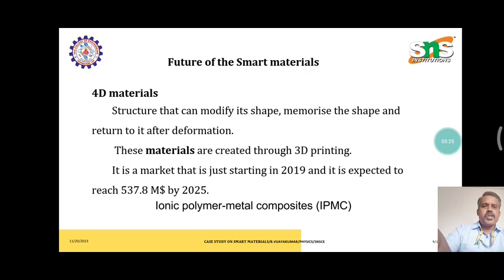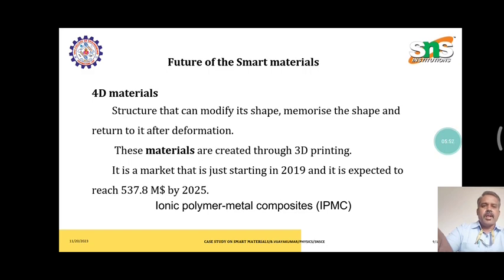Then the future of smart materials is 4D materials. We know that 2D and 3D materials are based on dimension, but the future of smart materials, in the conclusion of this case study, is 4D materials. These are structures that can modify their shape, remember the shape and return to it after deformation.